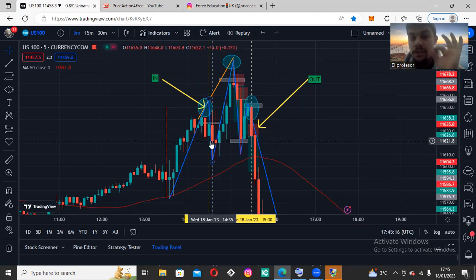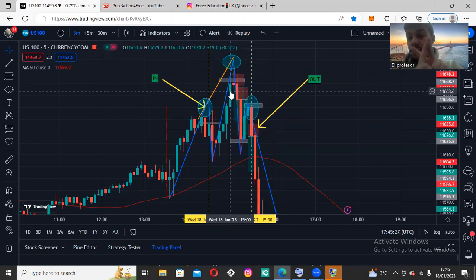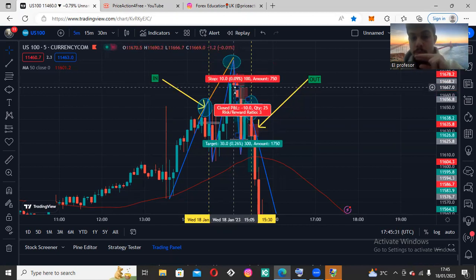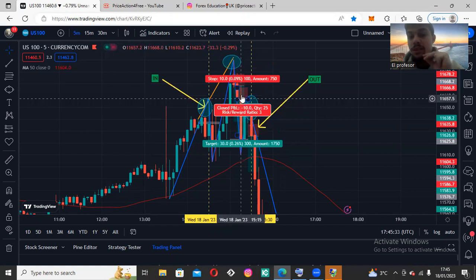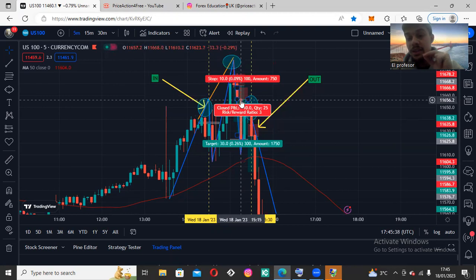The second trade, second setup, this is the first one because we have two confirmations, resistance level and divergence, right? The first one, boom. The price creates a high and boom. Why?